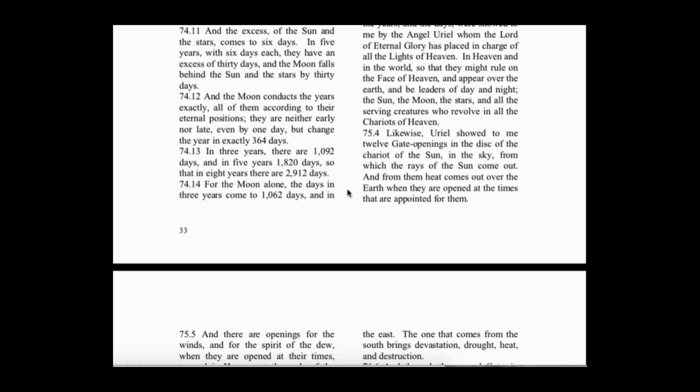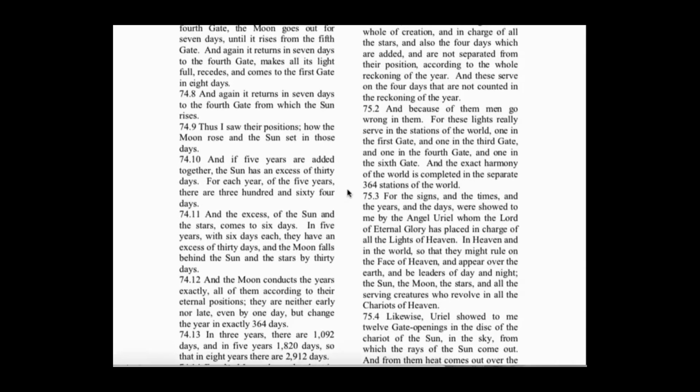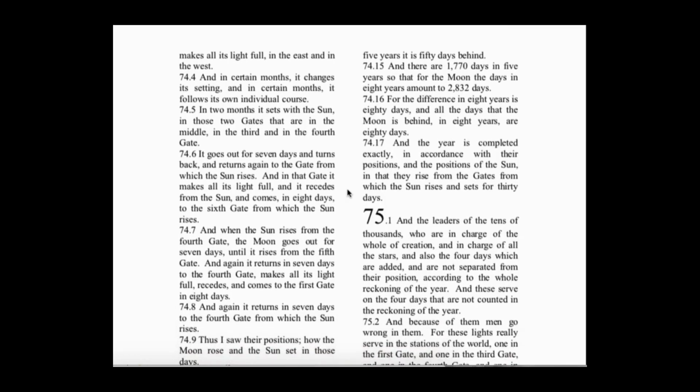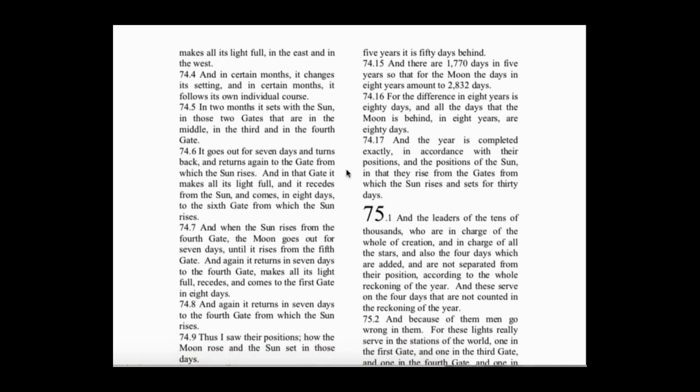For the moon alone, the days in 3 years come to 1,062 days. And in 5 years, it is 50 days behind.